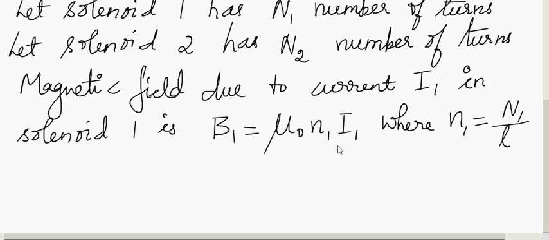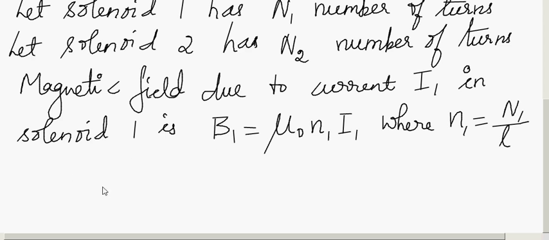Now due to this current, a magnetic field is set up, and this magnetic field produces flux, and that flux also links the second solenoid. So we can find out the flux linking the second solenoid, because we want to find the mutual inductance, that is flux in the second solenoid due to the flow of current in the first solenoid.